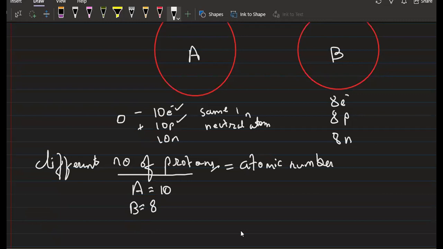So when we say we have different elements, what is compulsory?